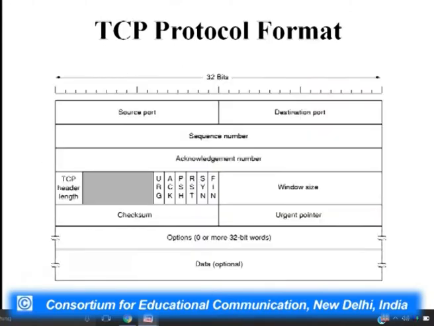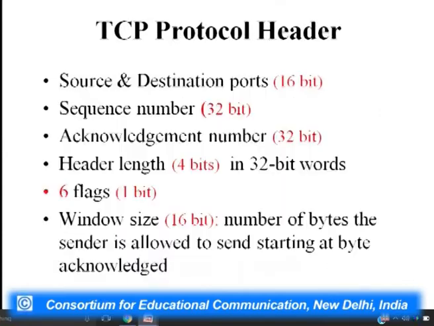But then after that there is the window size, and window size is a 16-bit number of bytes. How many bytes? 16 bits means the maximum size of a window could be 2 raised to the power 16, which is 64 kilo, or 65,535 or so.